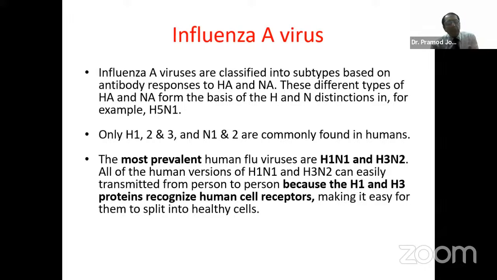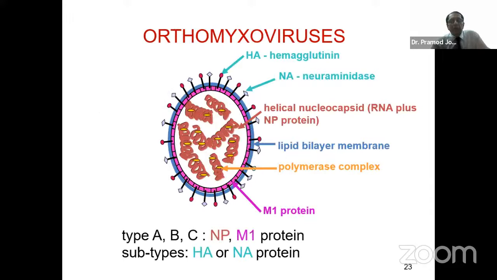So remember that only H1, 2, and 3 and N1 and 2 are found in the human beings, while the numbers which are of higher order, like 5, 7, they are the ones which are usually found in the birds and the animals. Okay. And this is the beautiful influenza virus, which is orthomyxovirus, and it has hemagglutinin and neuraminidase on the outer side.